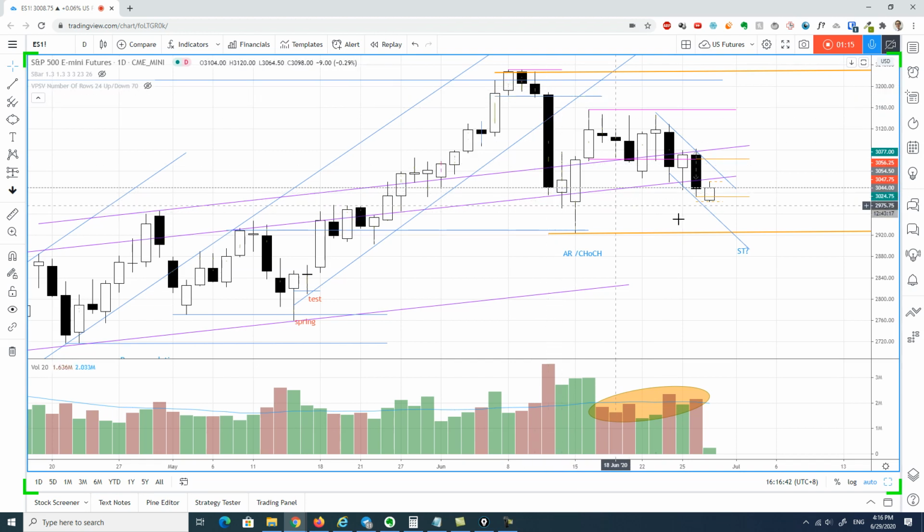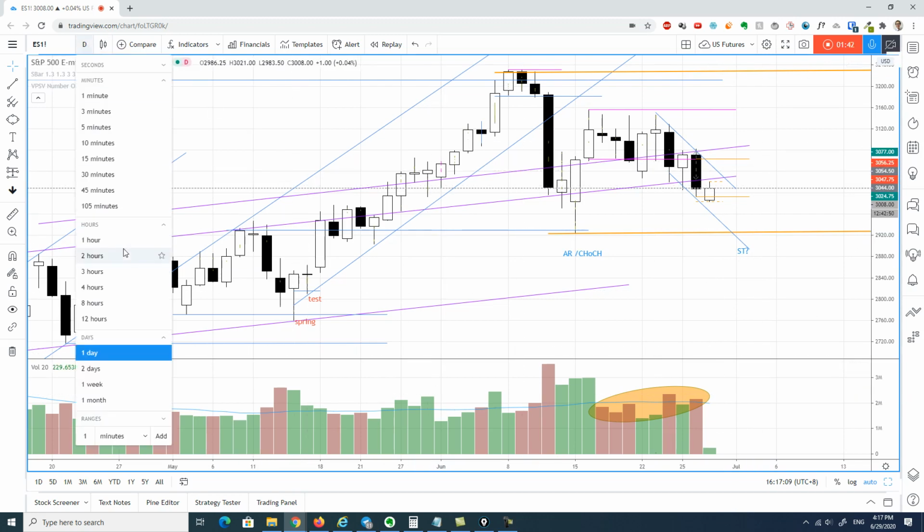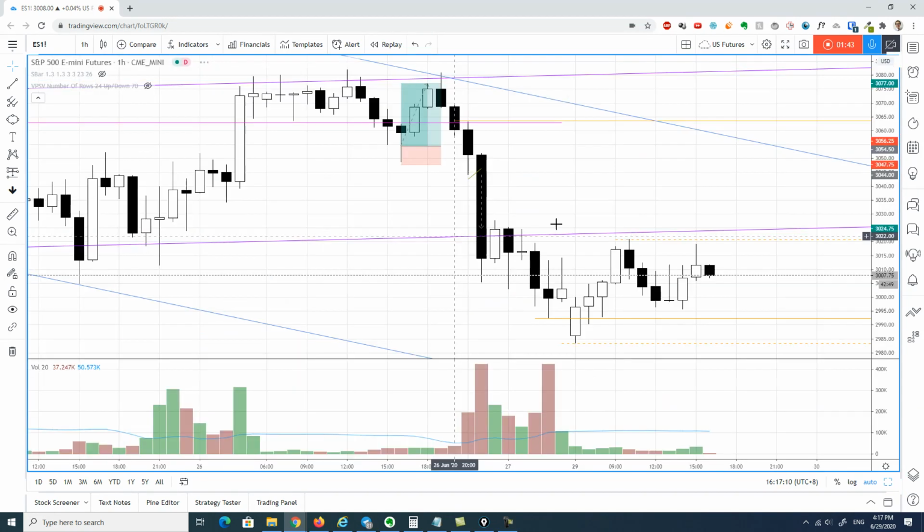This sell-off is comparable to the 24th of June, maybe slightly smaller and with slightly lower volume than the 24th of June. And you can see that it's decreasing in a grinding down character within this downsloping channel. All right, so let me just get down to the H1 time frame.